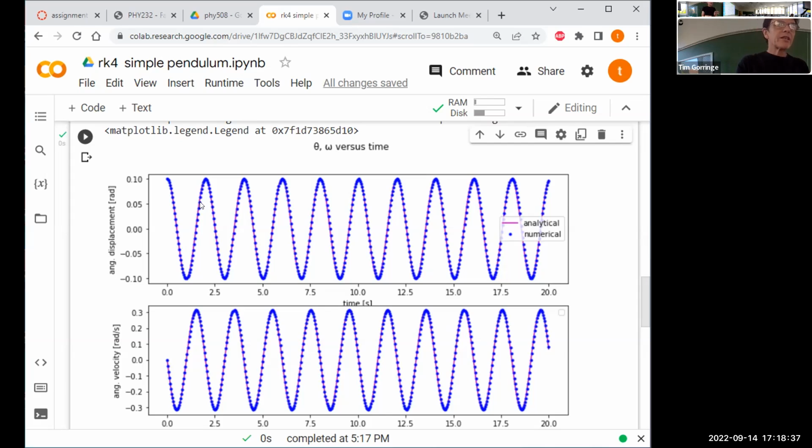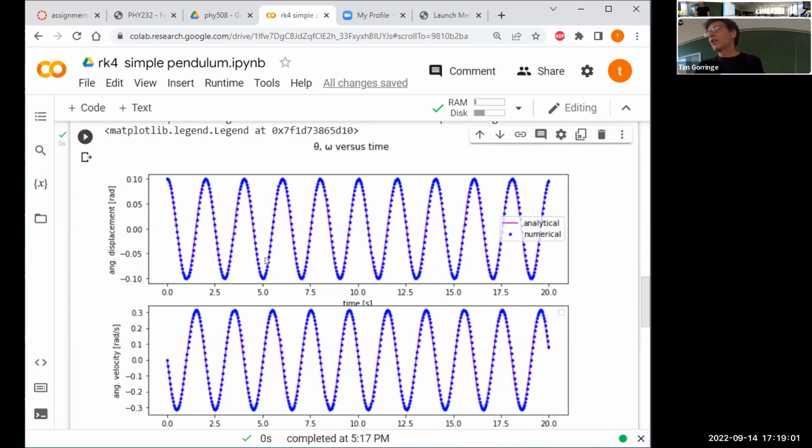So the analytical solution is a solution of the linear second order differential equation. My numerical solution, you notice I put in sine theta, so it is the nonlinear differential equation that we wouldn't know how to solve analytically in general.